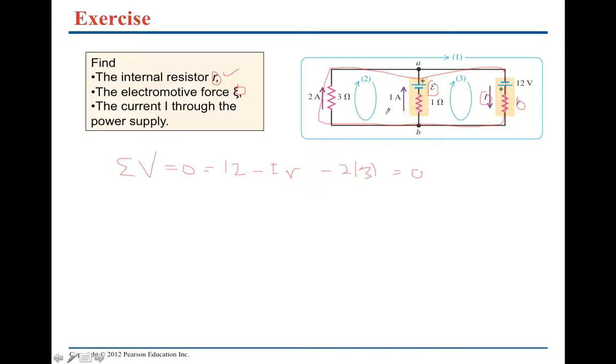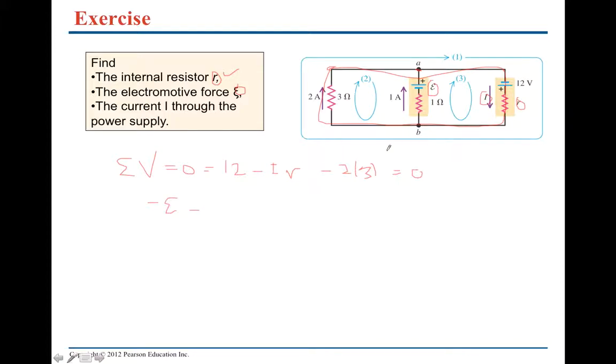Now, what happens if I apply loop number 2? Again, I'm going to start at A. I'm going from positive to negative, so that means it's minus this one here.